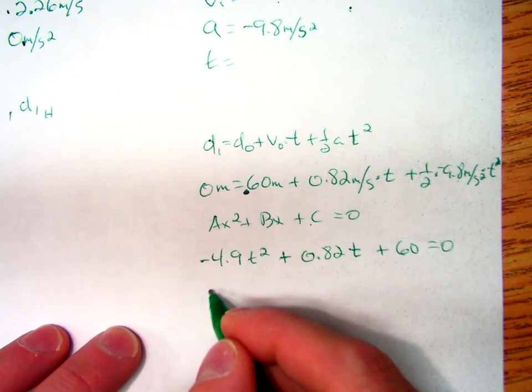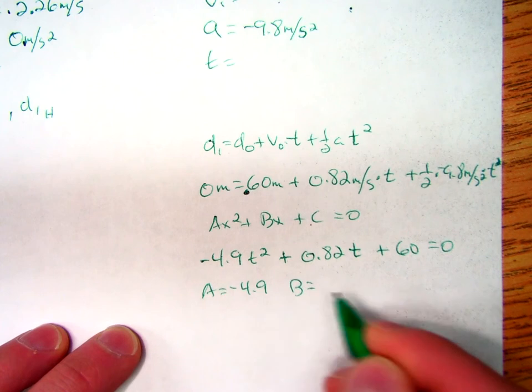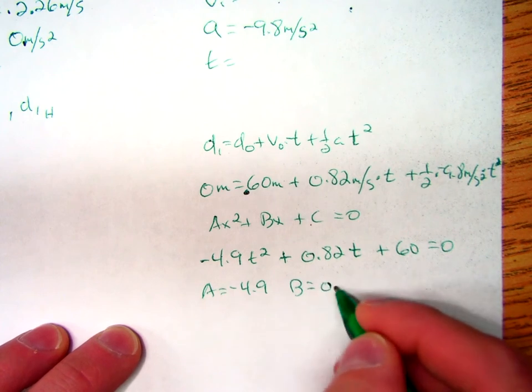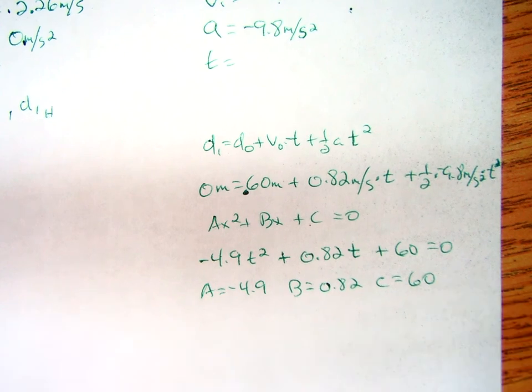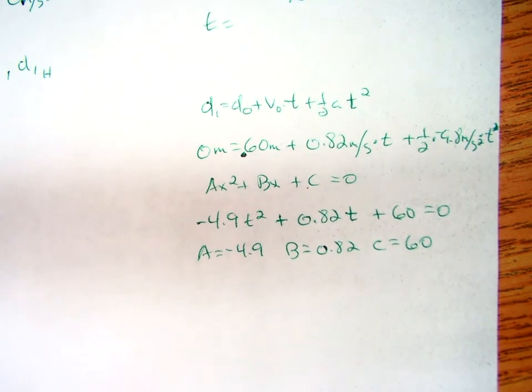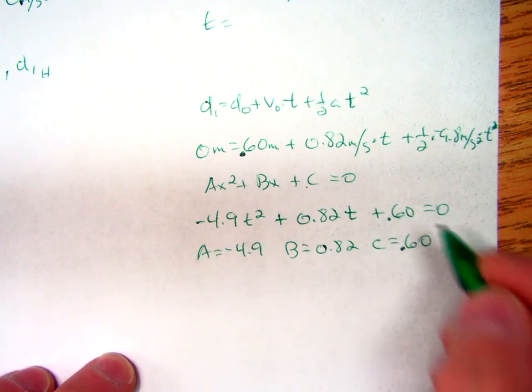So A equals minus 4.9, B equals 0.82, and C equals 0.6.